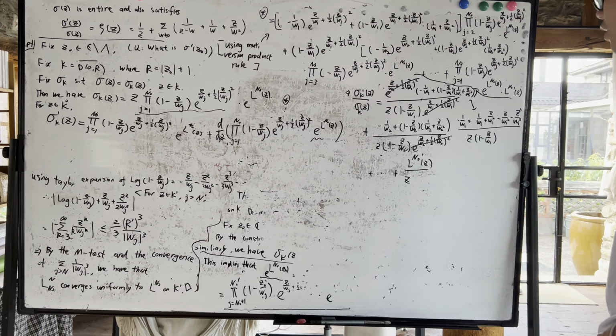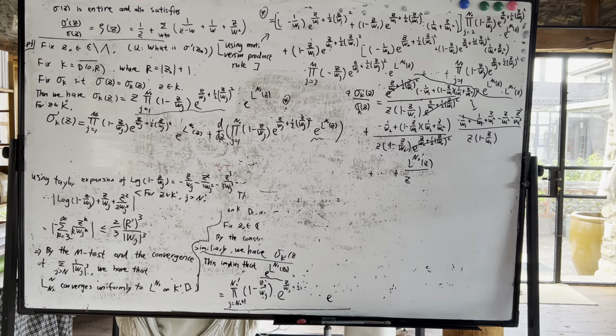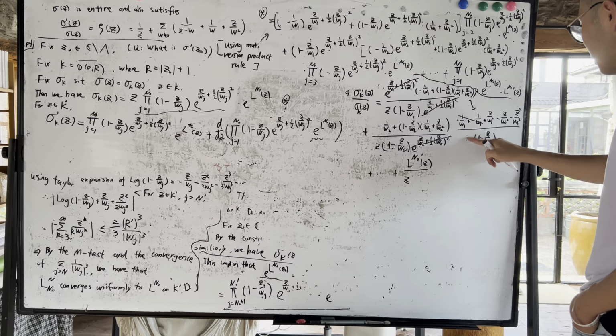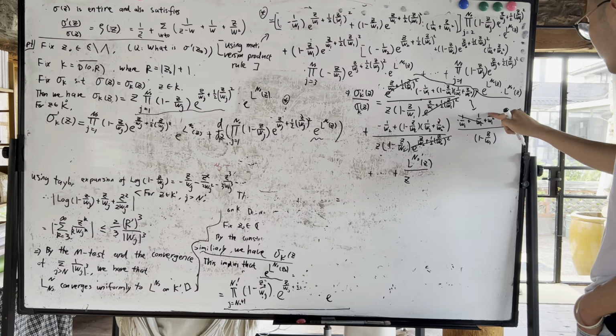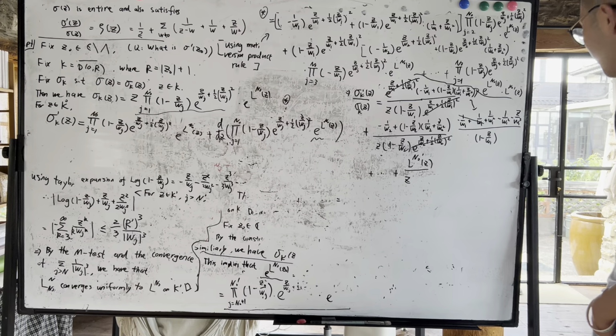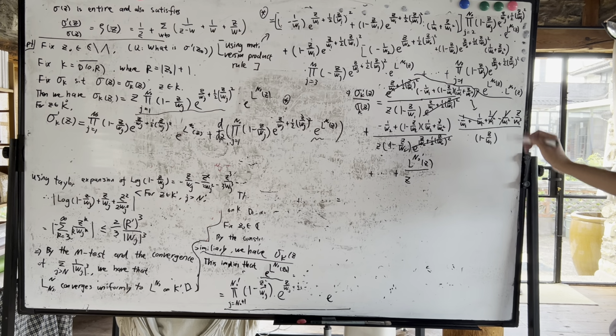Okay, so here minus omega 1 plus omega 1 is cancelled out, and this z is cancelled out with the z here, so we are left with just 1 here, and then z squared is cancelled out with one copy. Oh, okay, so this is also cancelled out.